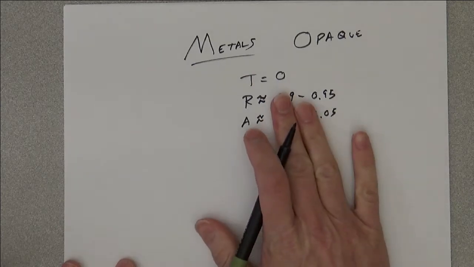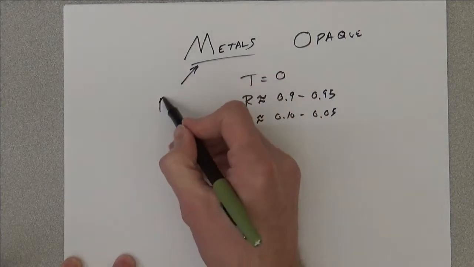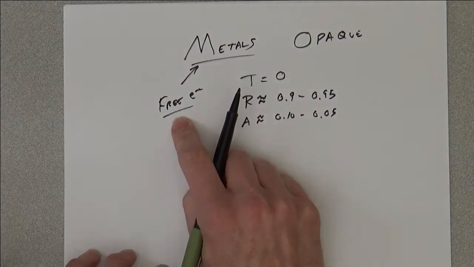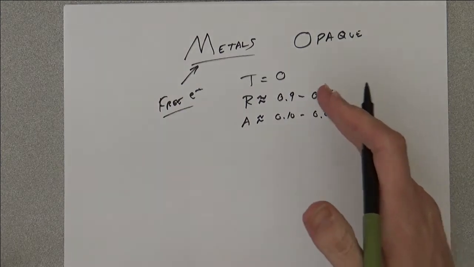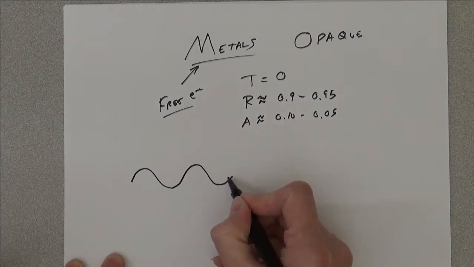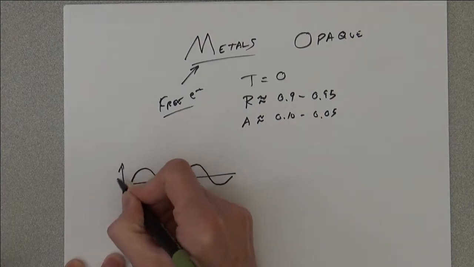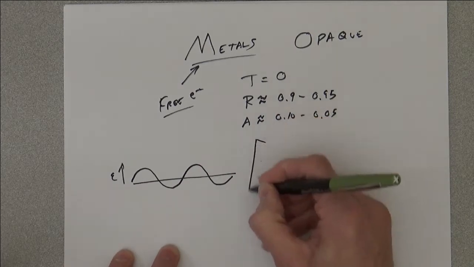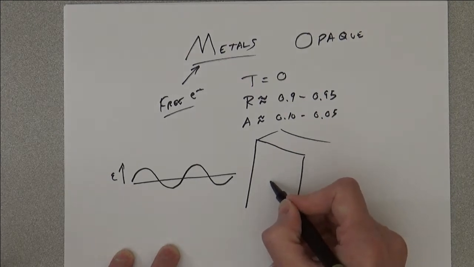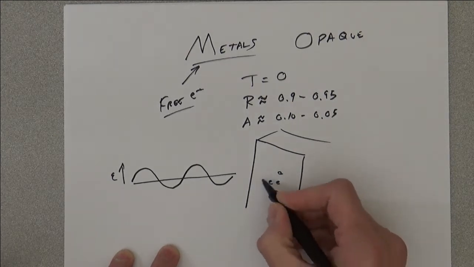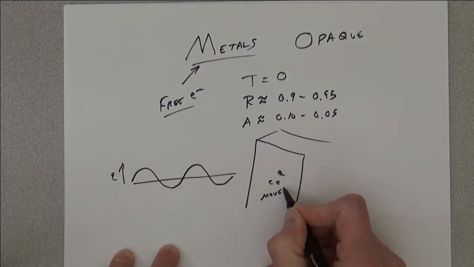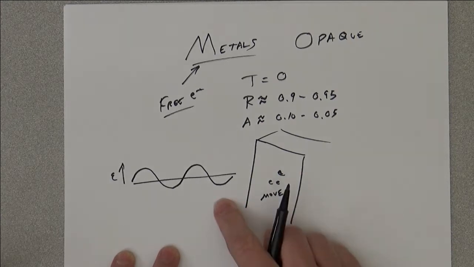Metals have free electrons, and those free electrons will move through the system, and when an alternating electric field approaches a metal, what's going to happen is the electrons will rearrange themselves on the surface to counter the incoming field.